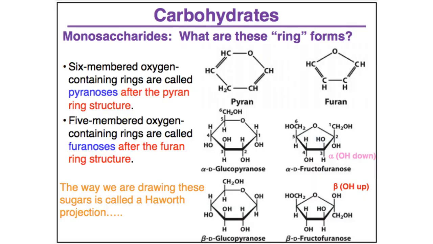When you have these rings forming, 6-member oxygen-containing rings are called pyranoses, named after the pyran ring structure, shown right here. And 5-member oxygen-containing rings are called furanoses, named after the furan ring structure. And when you see these types of drawings, this is what is called the Haworth projection.